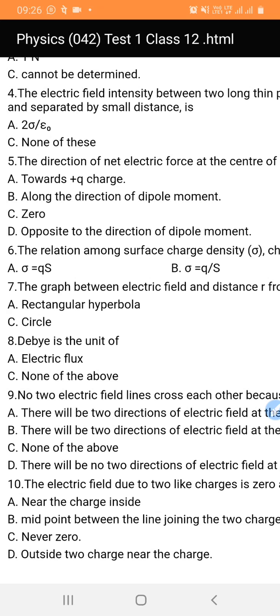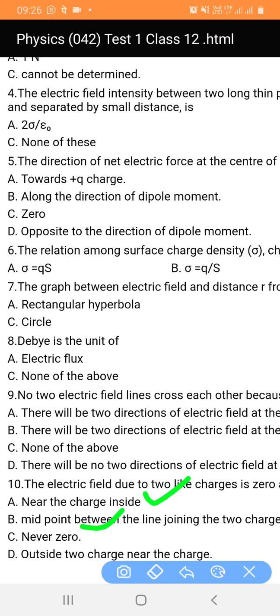So here the correct answer will be A and B both. You can answer near the charge inside and midpoint, A and B both, because if the magnitude is not the same, then for the smaller magnitude, near the charge between the two charges, the electric field will be 0.